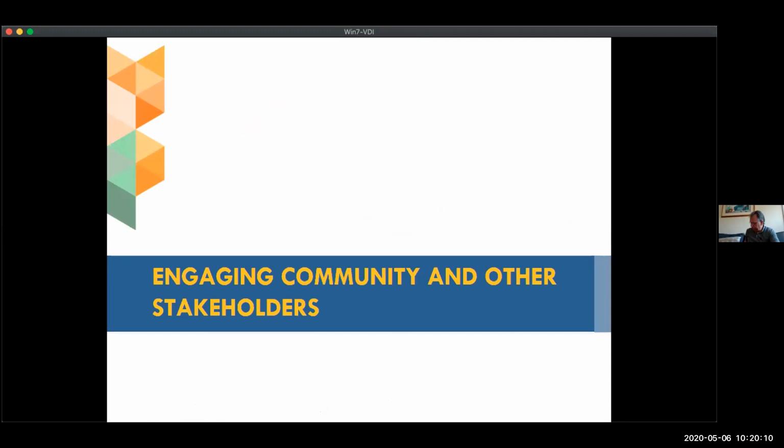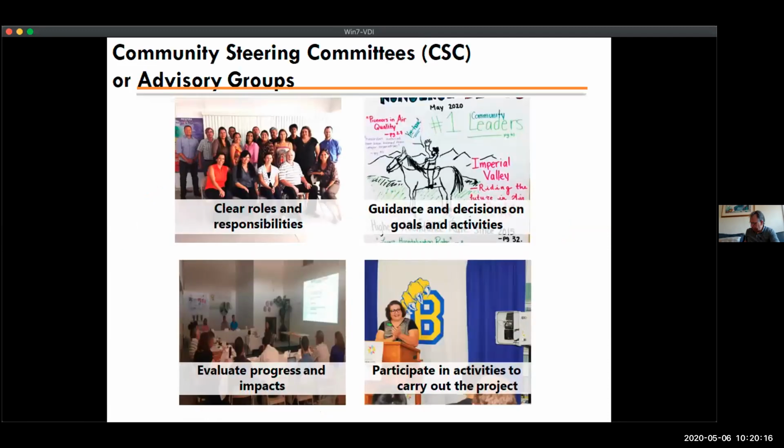So in terms of engaging broader community members and other stakeholders in your project, next slide. Community steering committees are really valuable, or other kinds of community advisory groups to develop as part of your project.